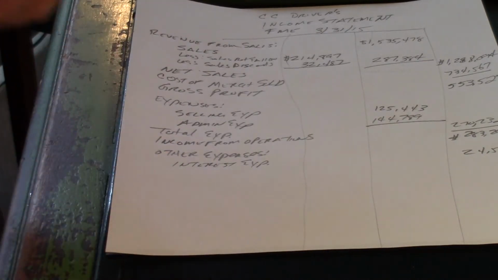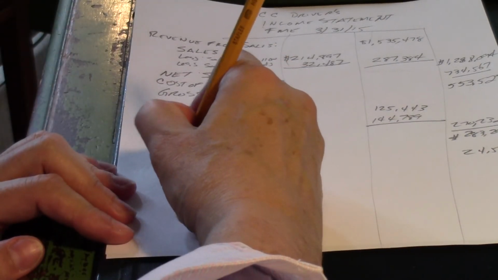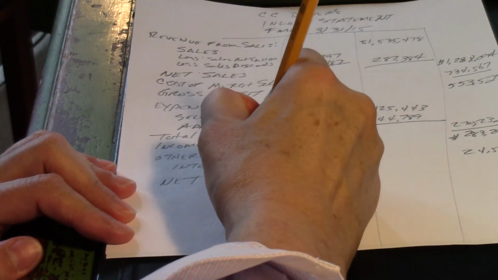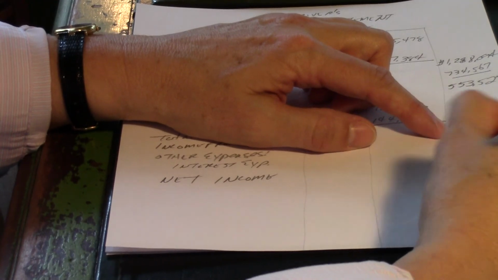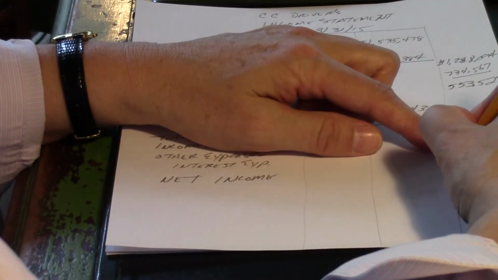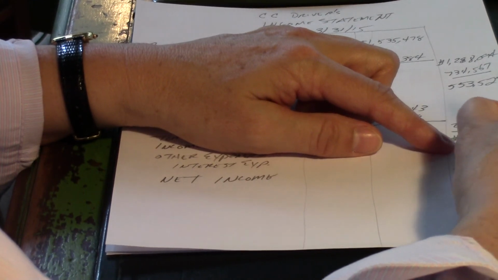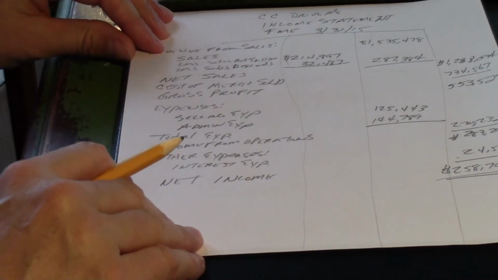And of course, the bottom line of our income statement is always going to be net income. So this 283,295 less the 24,587 is 258,708. And that's our net income. And that's your multi-step.